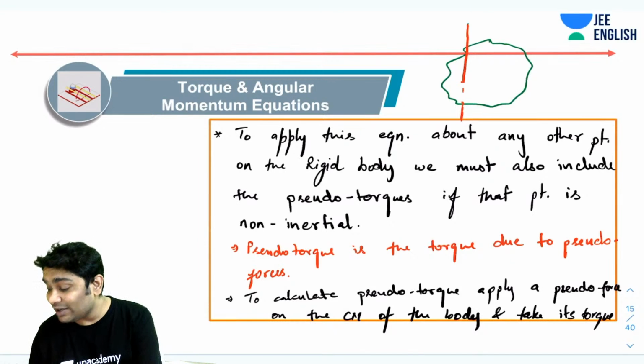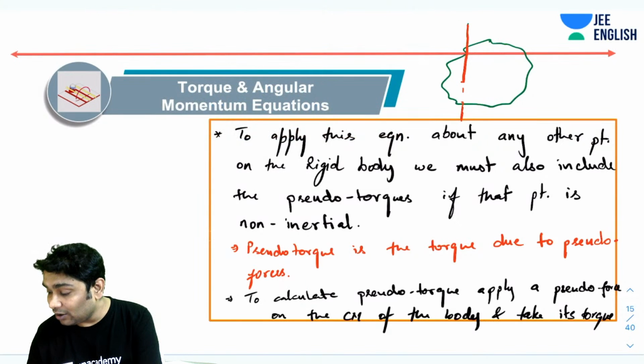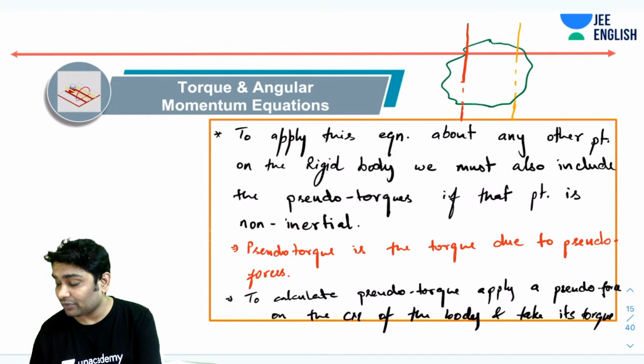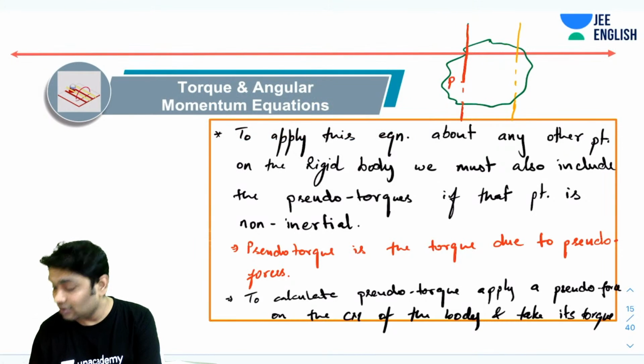So very simple. Let's suppose I want to apply the tau equals I alpha equation about an axis which is like this, passing through this point. So let's say this is the point P, about which the body is actually rotating with some angular velocity omega.